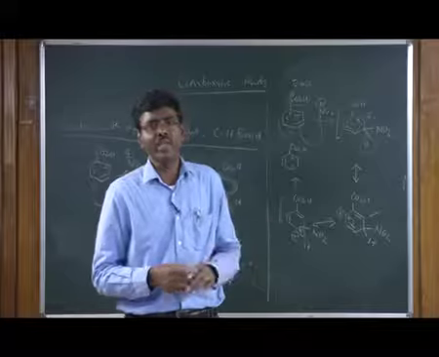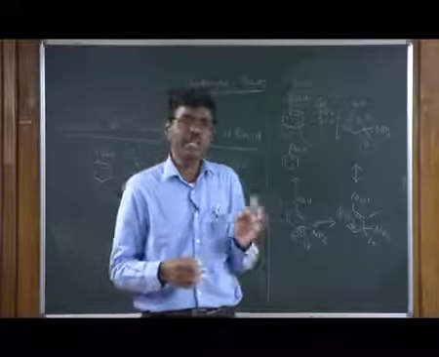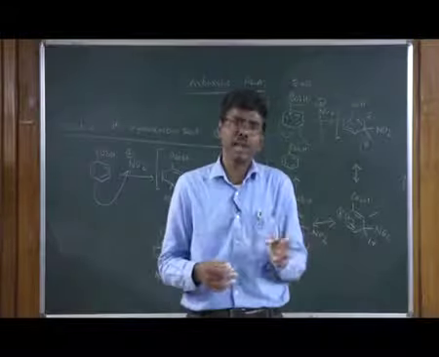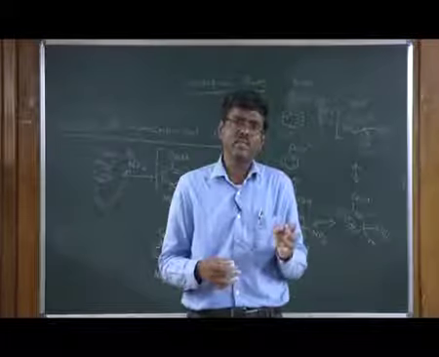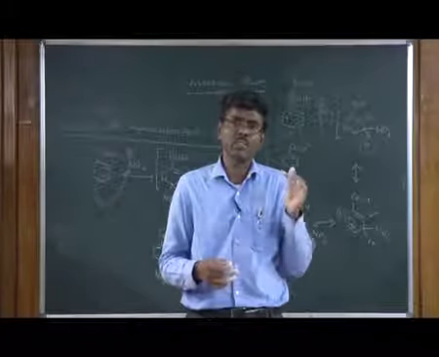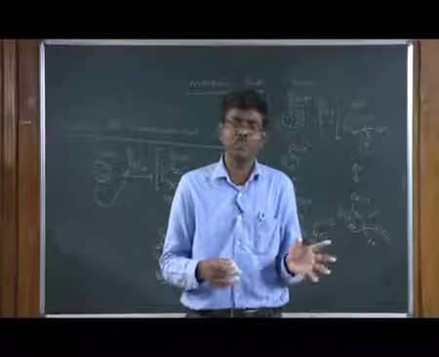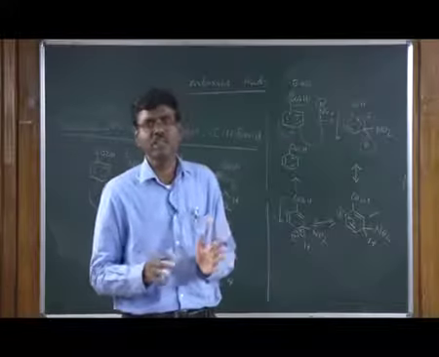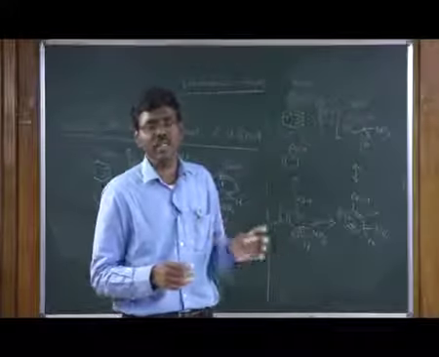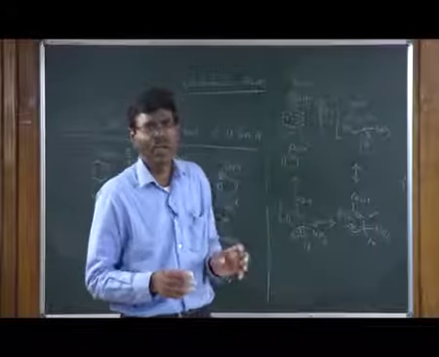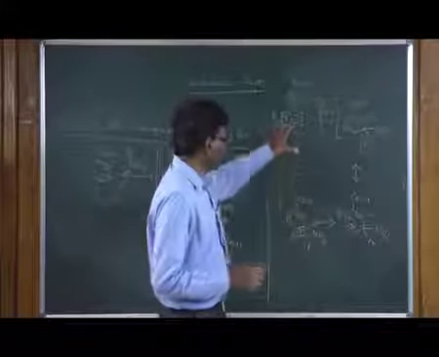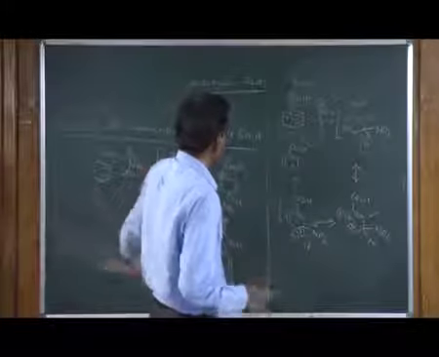Then we have seen aromatic nitration, where if you take benzoic acid, the nitro group selectively undergoes reaction at the meta position, not the para position, because the carboxylic acid is known as a meta directing group, and this can be explained by writing the resonance structures.